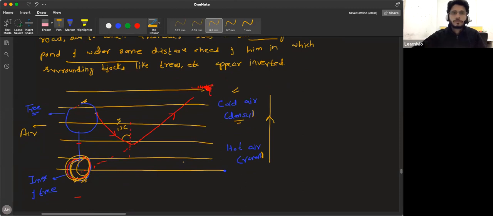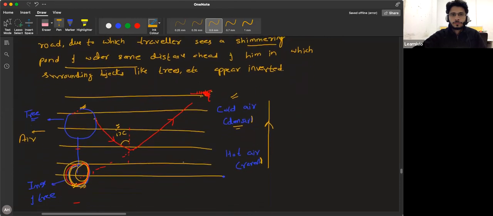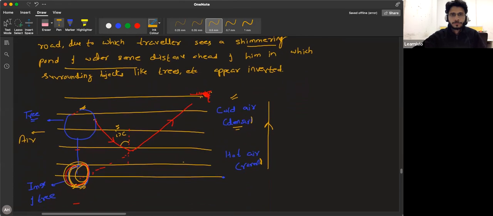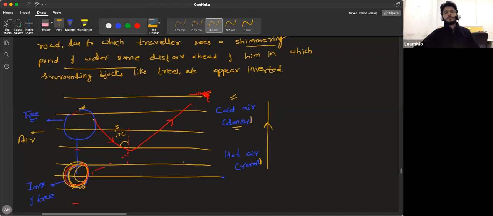Sir, could you just zoom up 1 second? Can I scroll? Yes, sir.